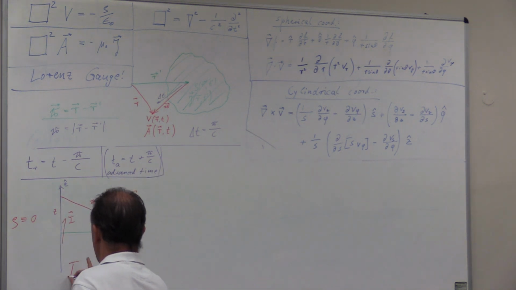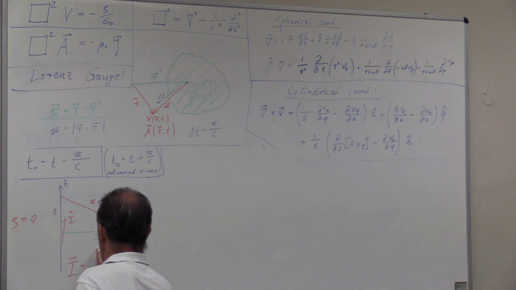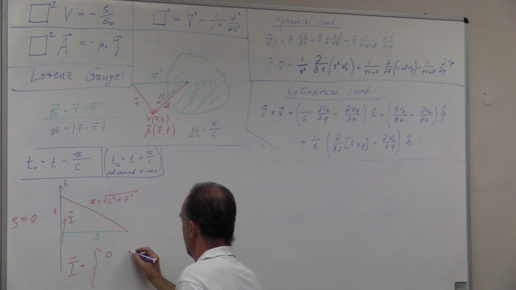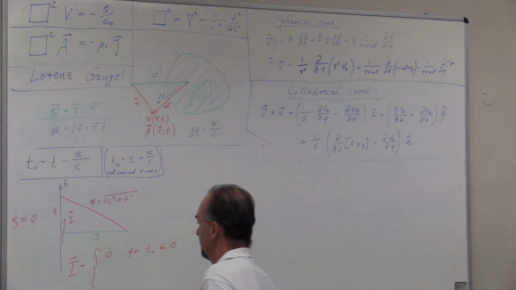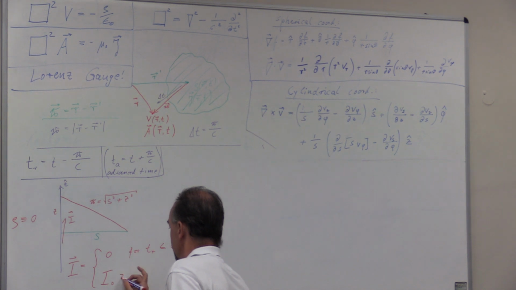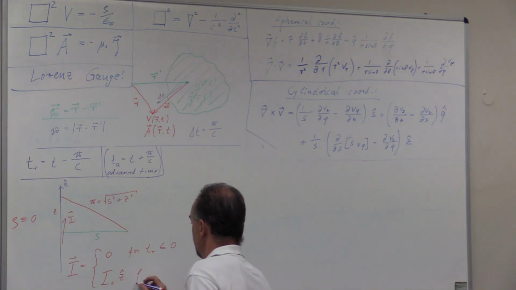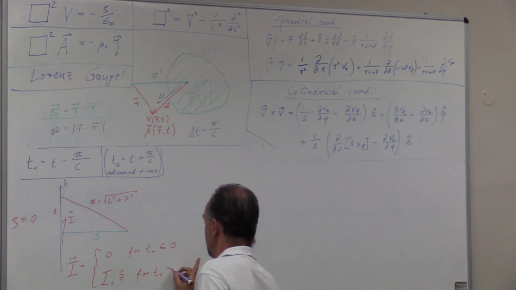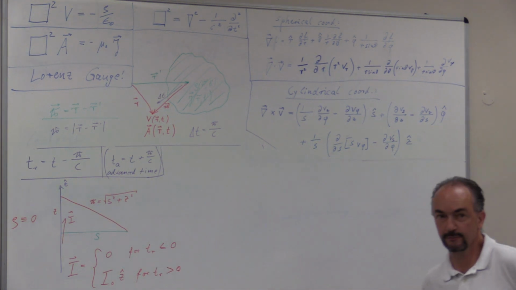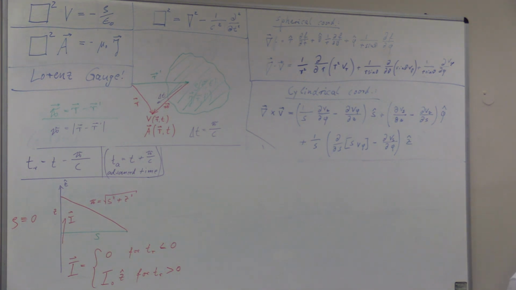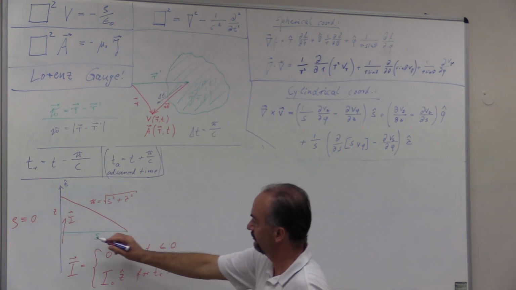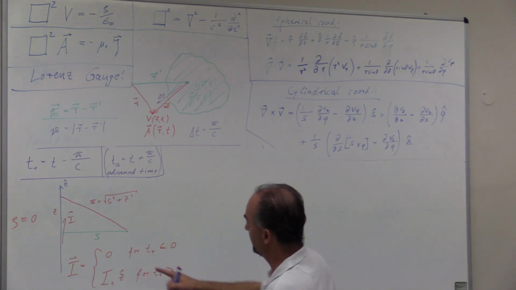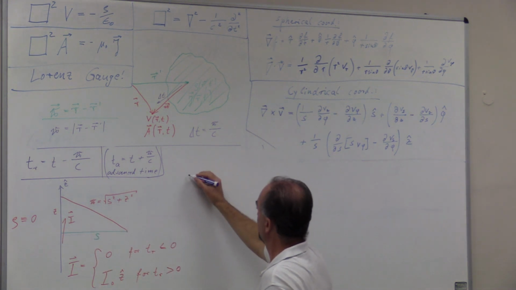The current I is 0 as long as the time at the wire is less than 0, and it's some I naught going in the z direction for retarded time greater than 0. So that means the current is on at some point s.